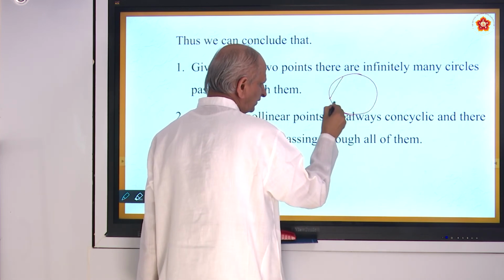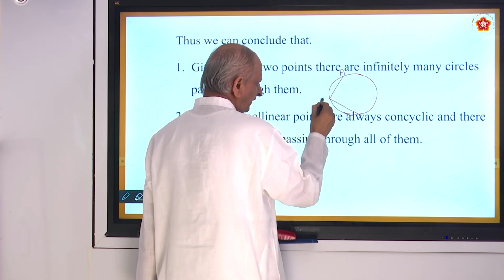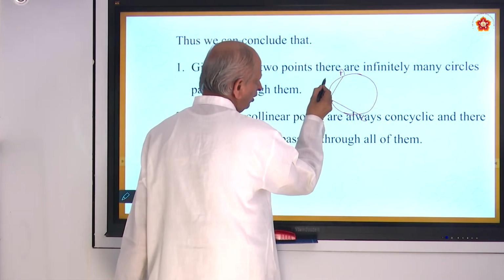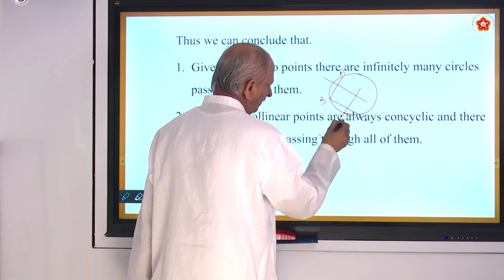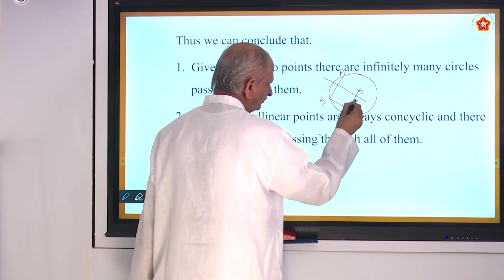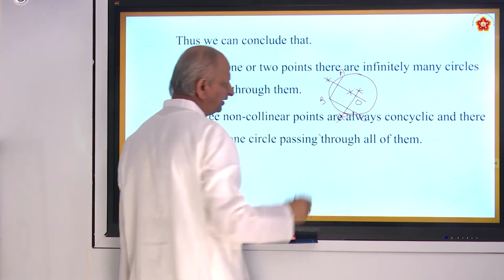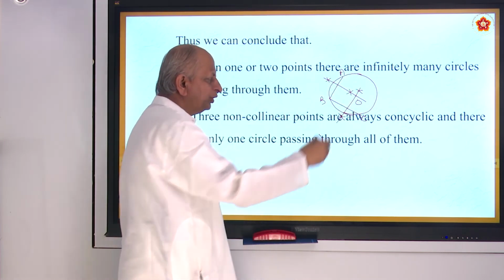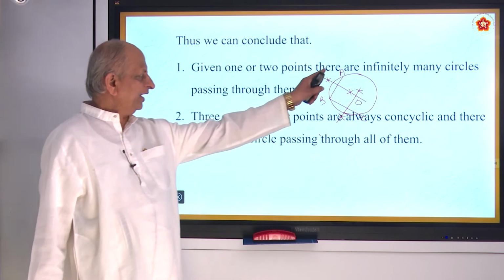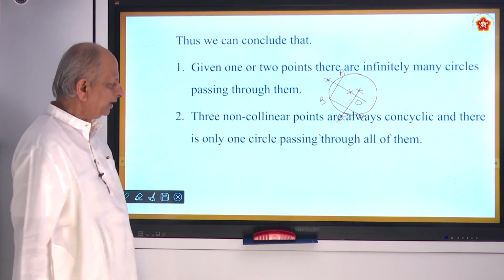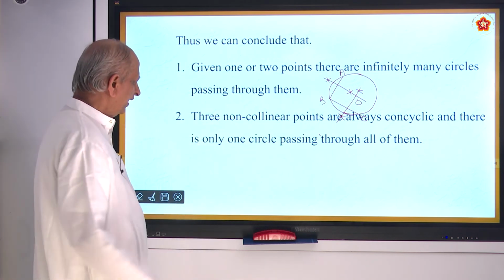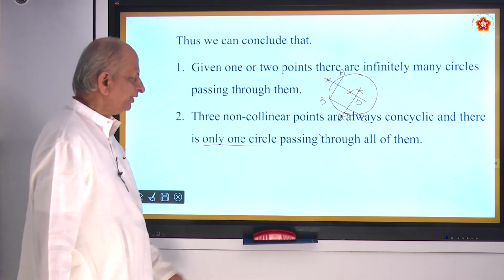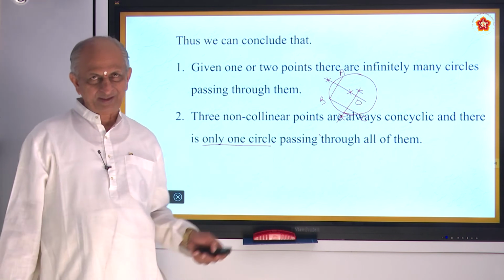Suppose you have points like this, so you call them A, B and C. They are non-collinear points. And how to find the center? Draw the perpendicular bisectors. You already studied this in 8th class. So they pass through a center, and these are non-collinear points, and they are called concyclic points because they pass through the same circle, and only one circle is passing through these points. Followed? Because you will have only one center, only one radius, right?